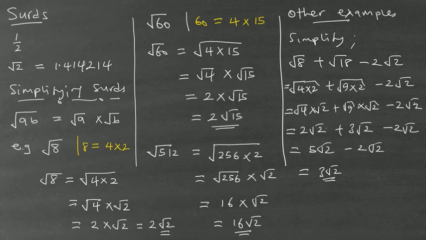Or from this point, you could just factor out a root 2 because it was common, and remain with the 2, the 3, and the minus 2 inside the bracket, with the root 2 outside. When we simplify what is in the bracket, this is 5 minus 2, giving us 3 root 2. What we have here.